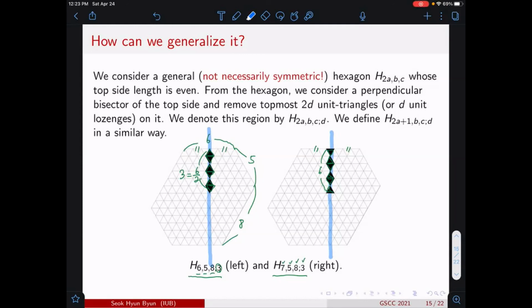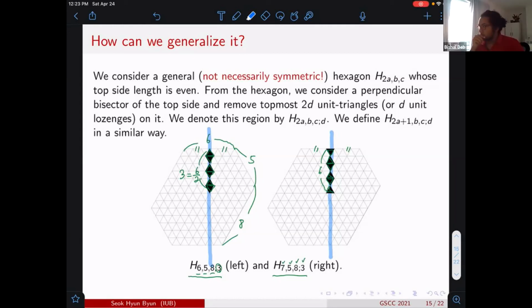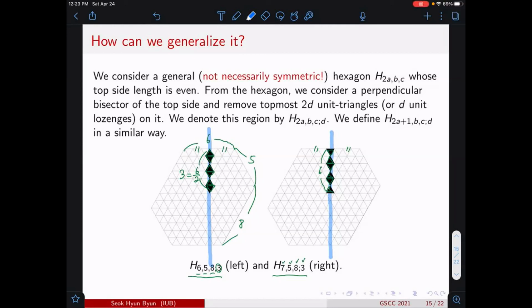I told you that I made some recursive relation, right? And when I make that recurrence relation, I strongly use the fact that the holes are on this vertical line. But maybe the number of lozenge tilings with holes on another vertical axis may have a nice product formula, but at this point I have no idea how to prove it, because my proof does not apply for other cases.